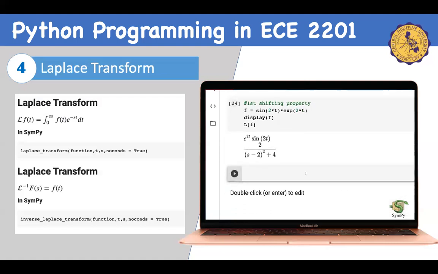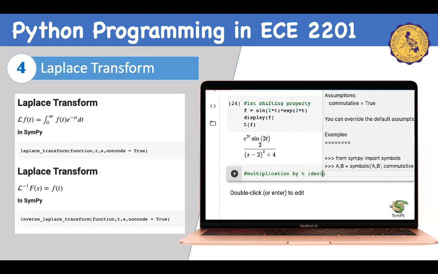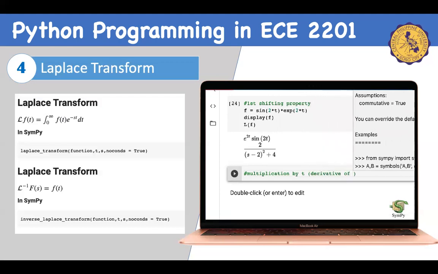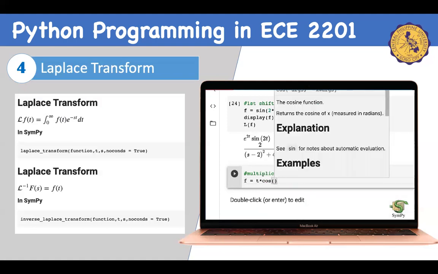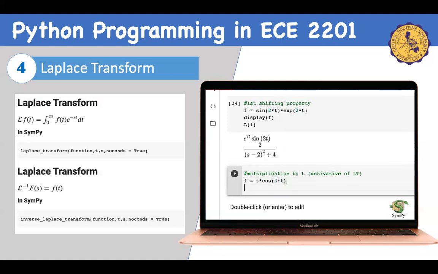Now we go to the multiplication by t, or commonly called the derivative of Laplace transform, LT. Derivative of Laplace transform. So that is the function multiplied by t. So we have t multiplied by the cosine of, let's say, 3t.